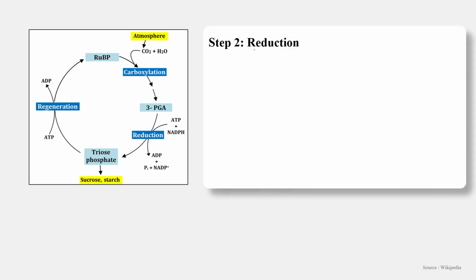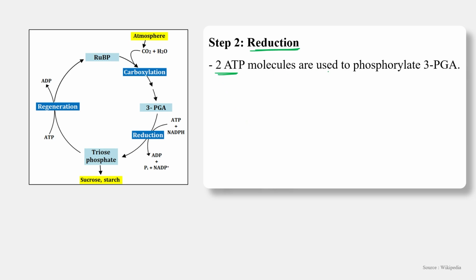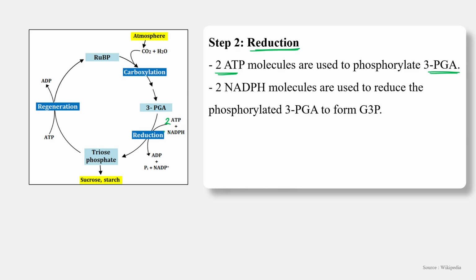After that, the second step. What is the second step? Reduction. 2 ATP molecules are used to phosphorylate the 3-PGA, and 2 molecules of NADPH are used to reduce the phosphorylated PGA into glyceraldehyde 3-phosphate.